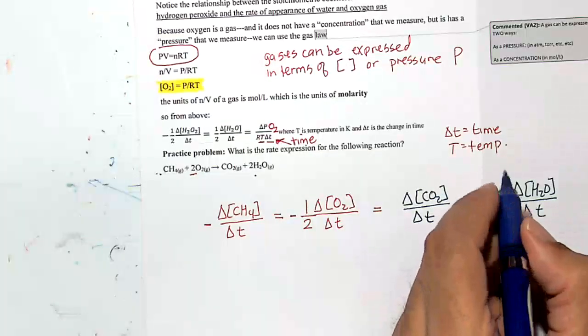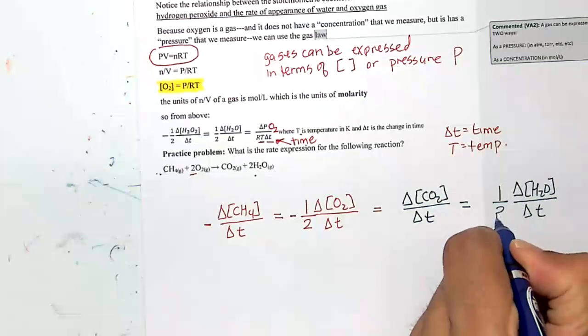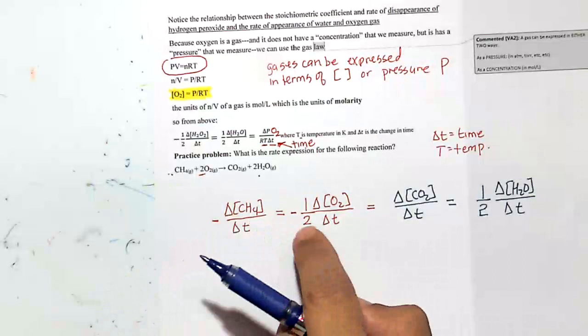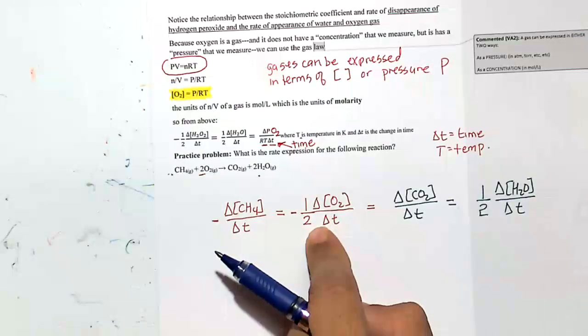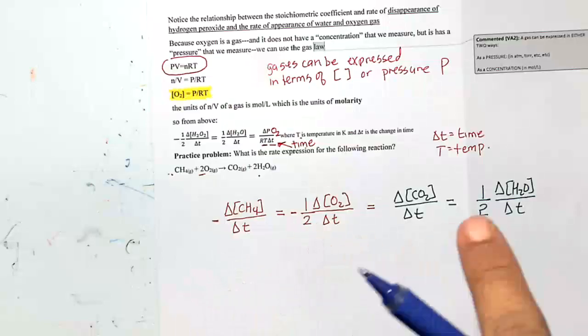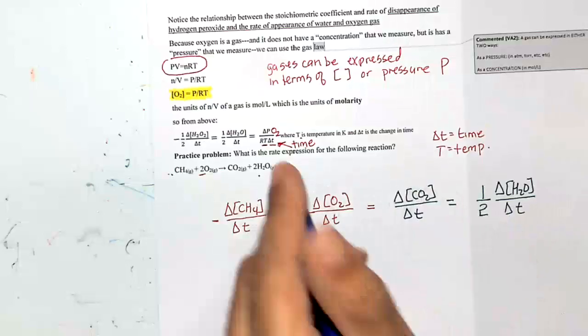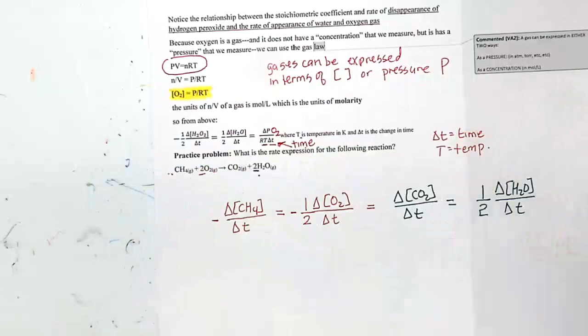So what will this be? 1/2. So that is the rate expression. The rate of disappearance of this equals minus 1/2 the rate of disappearance of this, because it's also a reactant, which equals the rate of appearance of this, which equals 1/2 the rate of appearance of this, because again it's 2 moles. So this is how you write a rate expression.